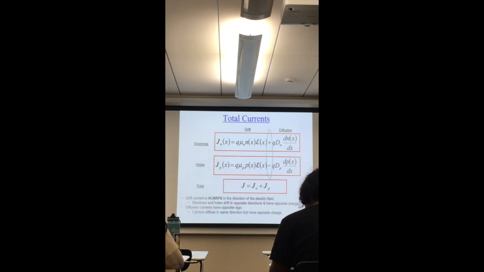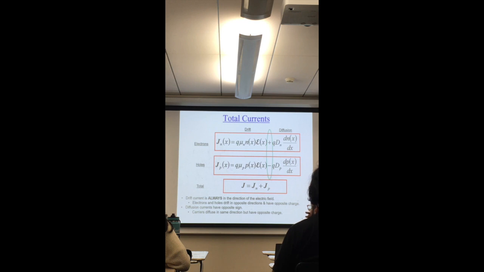Here's one thing I want to emphasize: the drift current is always in the direction of the electric field. You can see these two expressions are similar, and the drift current direction is determined by the electric field.